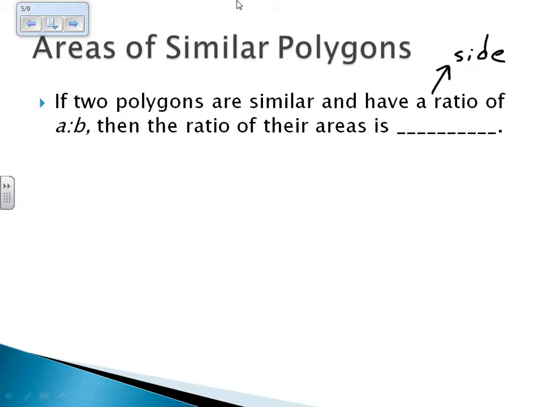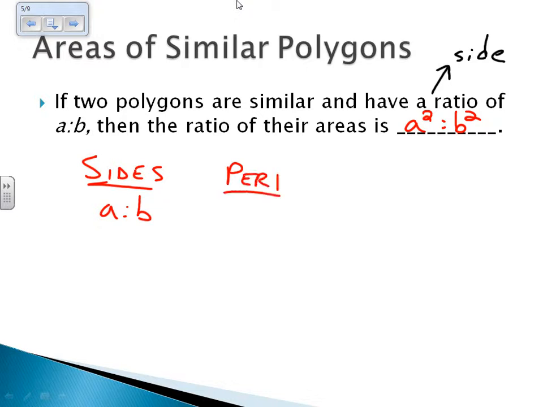A squared, or I'm going to put a colon here, A squared to B squared. So, sides is going to be A to B. Perimeter is going to be the same, A to B. Area is going to be squared, so it'll be not A squared plus, A squared to B squared.